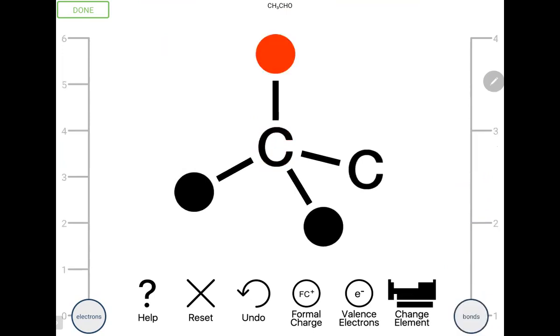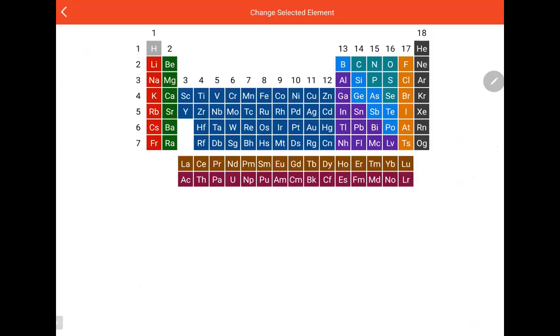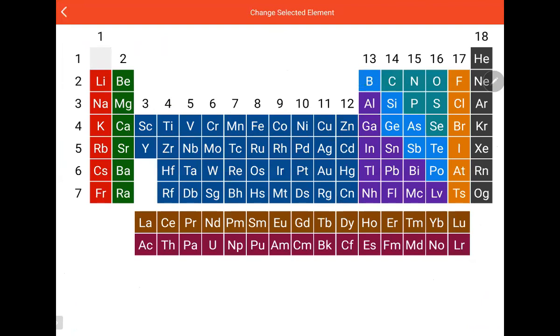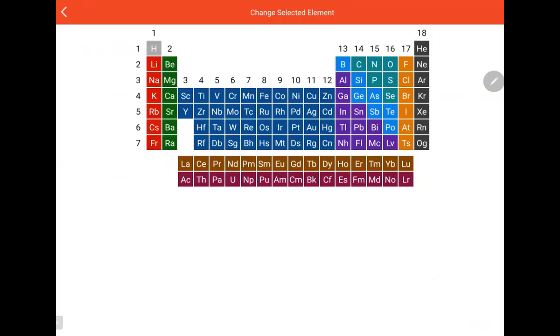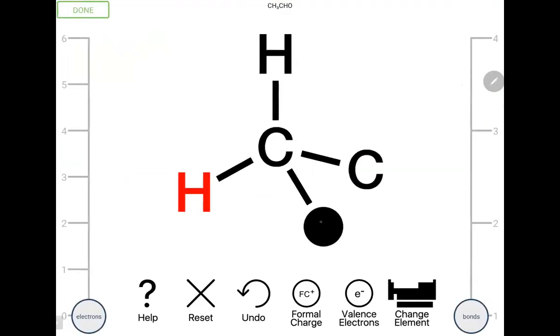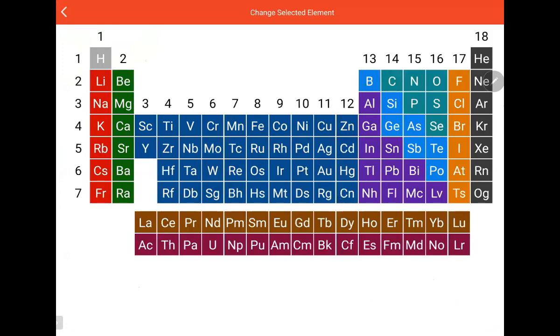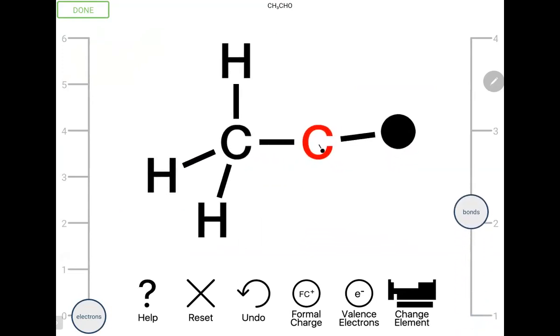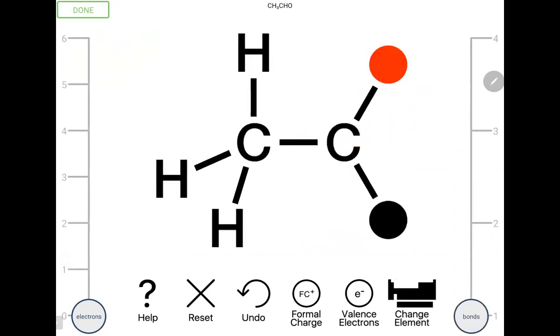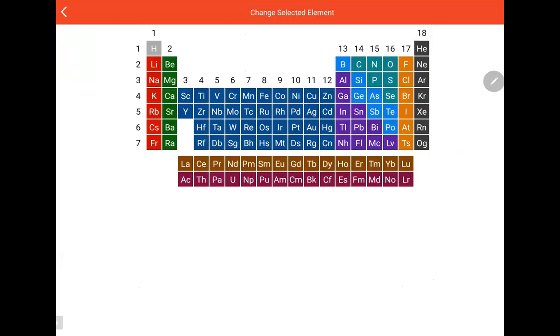So make these hydrogens. This one's got a hydrogen and an oxygen.